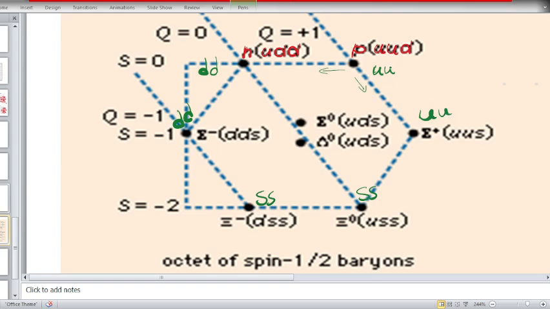For any of the baryons coming in these arms, all three quarks are not the same. So you don't have to consider this side because there also you have U. You consider the other side, and the adjacent one is D. Okay, then you just put D here. That is the quark structure inside the proton.